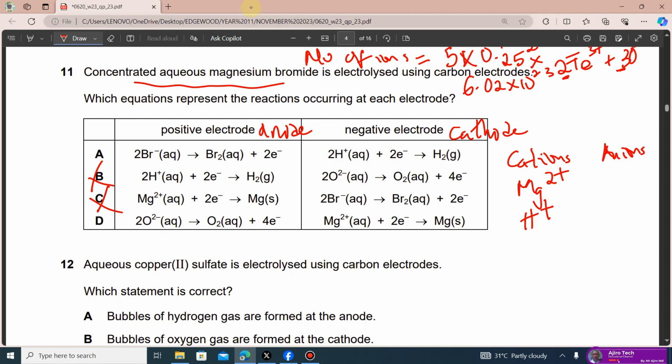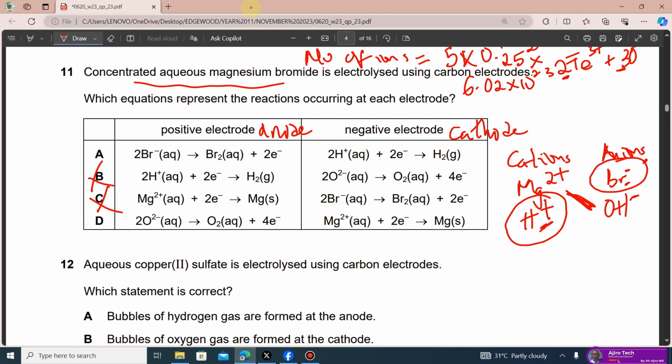For the anions, we have the bromide ion, and then we have OH-. Now, from your knowledge of electrolysis, when we are dealing with a concentrated aqueous solution, the hydrogen goes to the cathode, and the halogen or the halide goes to the anode, while the solution becomes magnesium hydroxide. So in this case, like we said, this goes to the cathode and this goes to the anode.